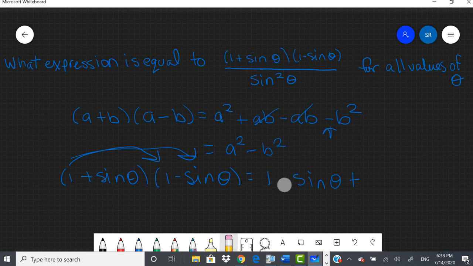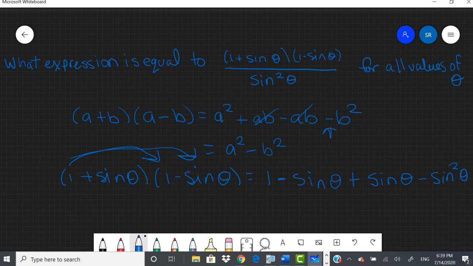Again, I'm messing up on my minuses here. Don't do as the teacher does, do as she says, just like your parents would say. So we get 1 minus sine theta plus sine theta, so that drops out, and then minus sine squared theta.